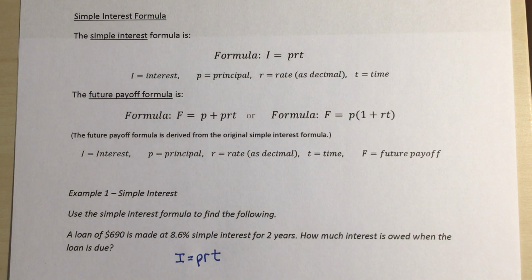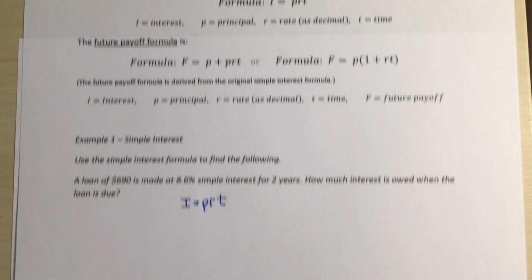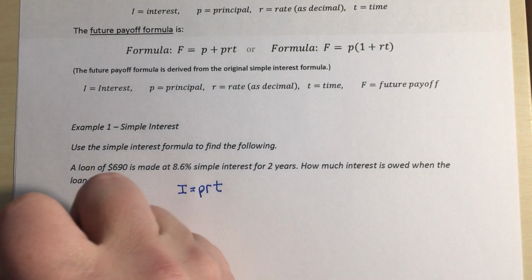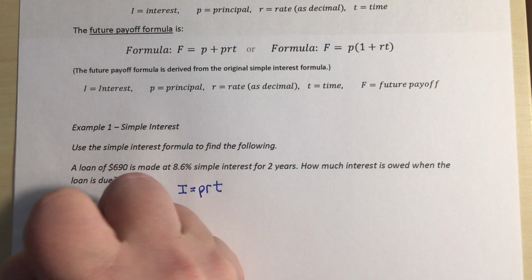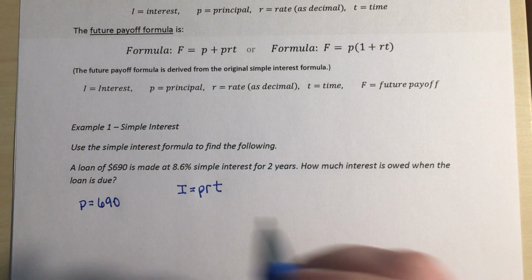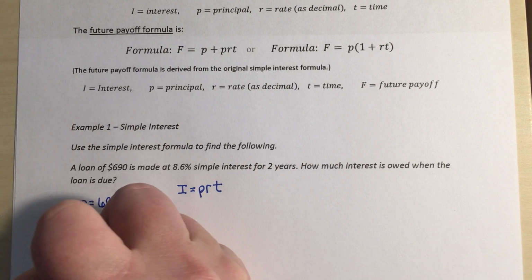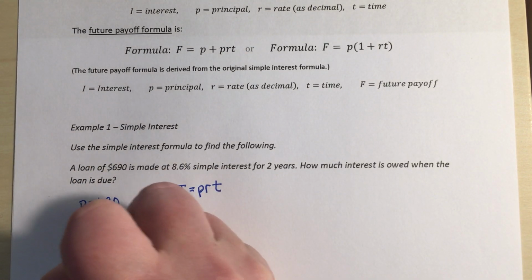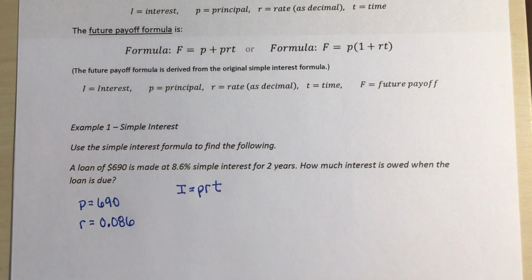One thing I'm going to do with this problem, just like I did with my percent problems in the last section, is start by listing out all of the different pieces of information that I have. P is our principal. That's the amount that is borrowed at the beginning. So that's 690. Our rate is 8.6%. We want to shift our decimal point 2 places to the left, so we're going to have 0.086.